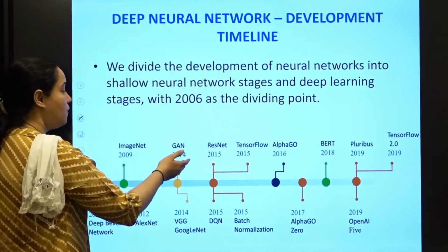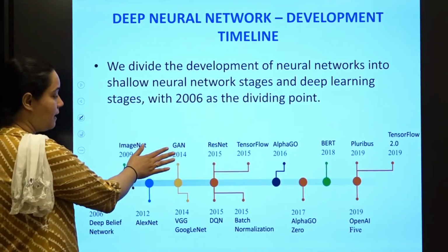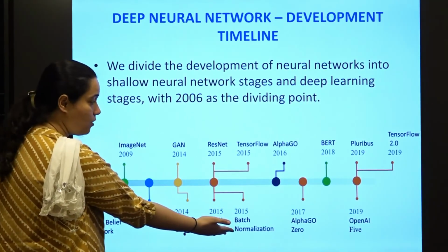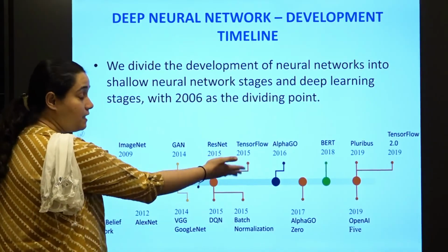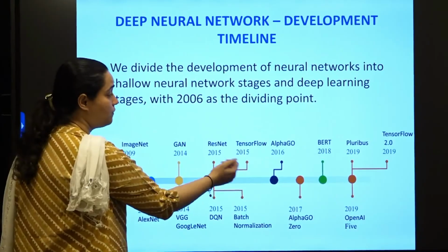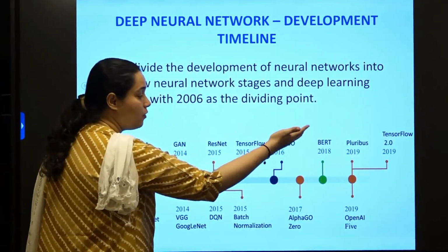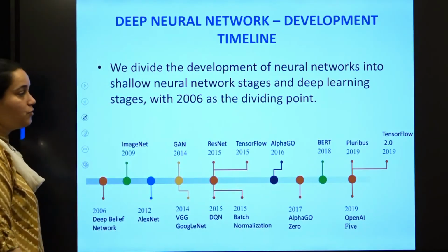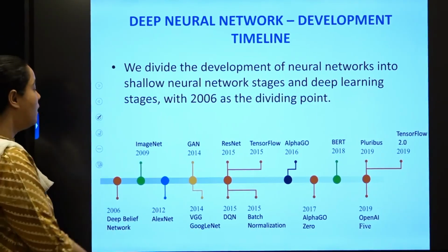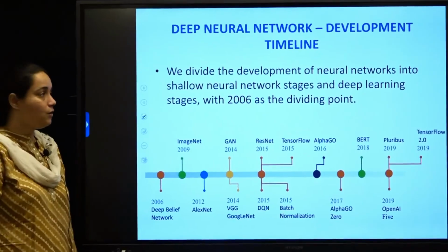From 2014 onwards we get more in-depth neural networks like GANs and DQN. Batch normalization was introduced in 2015, and TensorFlow, a very powerful framework for deep learning, was also introduced in 2015. Then came AlphaGo, BERT, and OpenAI, which was a revolution in 2019. So there is no looking back for deep neural networks right now. It started in 2006 and will continue on.